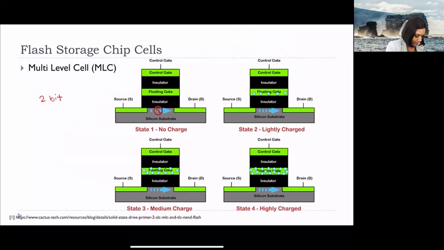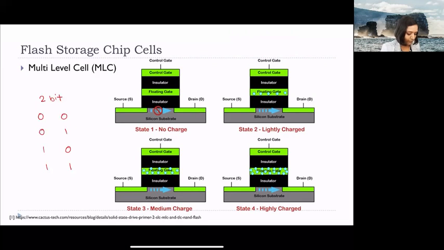So we can imagine that if we are storing 2 bits, we can store 4 states of data: 0 0, 0 1, 1 0, 1 1. How do we store these, or how do we identify or read and write these 2 bits?